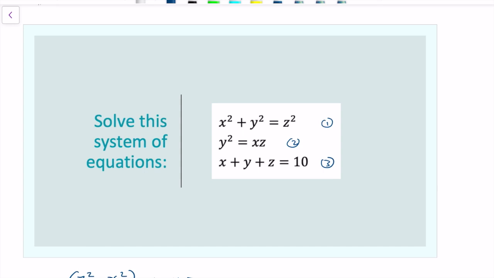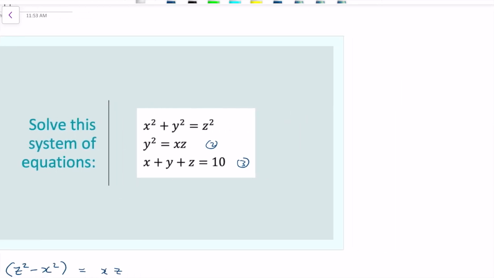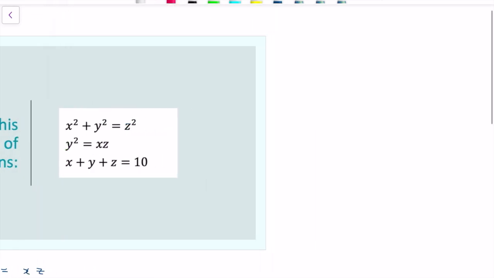Now, a different way of approaching this is actually to use trigonometry. It seems a little bit strange to do so, but if I make a substitution, x equals r cos theta and y is equal to r sine theta, and I substitute these expressions into the first equation, I get r squared cos squared theta plus r squared sine squared theta equals z squared.